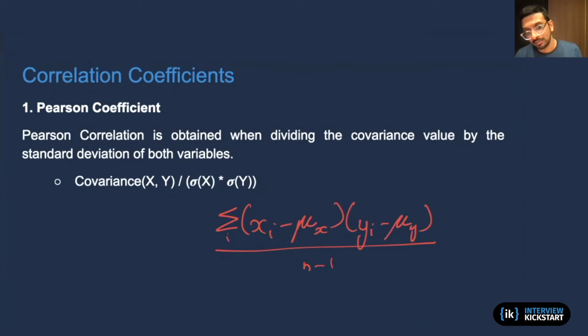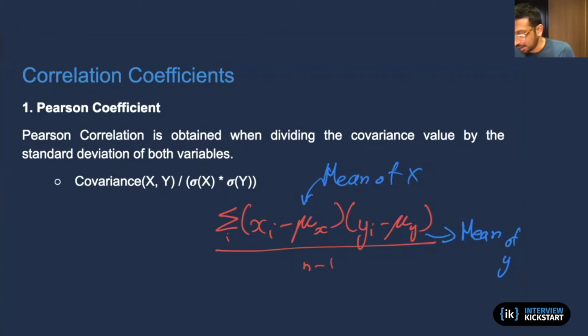We know what each of these individual terms mean. Mu x is the mean of all variables in x, so mean of x. Mu y is the mean of all variables in y, so mean of y. And the reason we use n minus 1 instead of just n, as we discussed earlier, is just so that we can get an unbiased estimate of covariance.